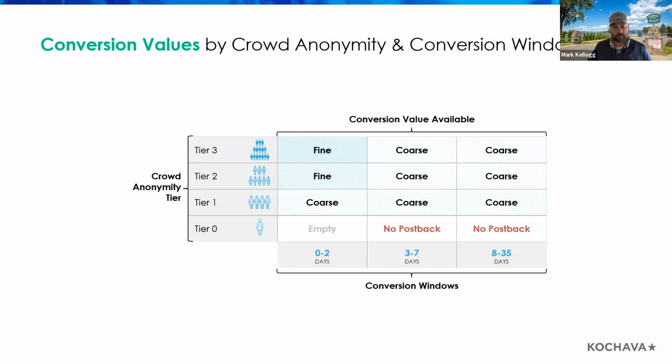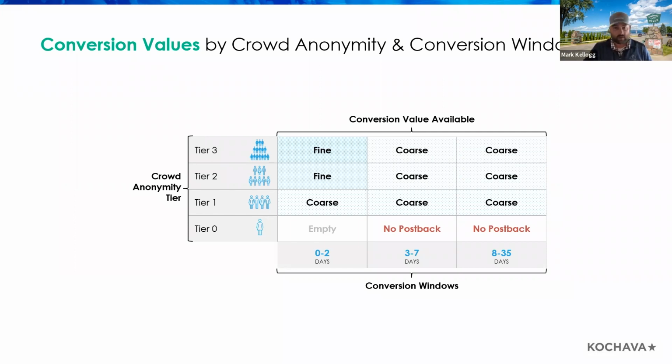If you look at tier 2 and 3 in this grid, they're the same, right? So 2 and 3 could now be consolidated back into high for the purposes of the digestion of this information. And tier 1 is medium and tier 0 is low. So no change here from the previous presentation, but the way that you can think about these conversion values is the fine is still only available within the first 2 days of that conversion taking place, still subject to the same timers.